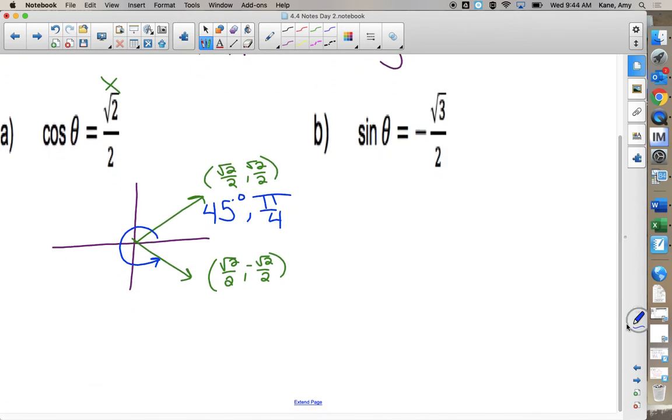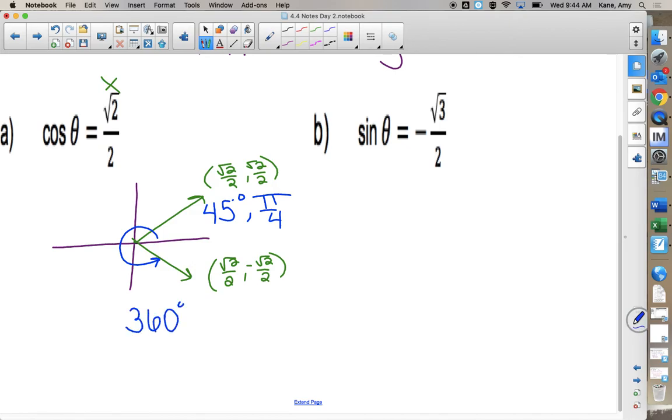So how would you get that angle in the fourth quadrant? If I know in the first quadrant it's positive 45 degrees, how would I find it in the fourth quadrant? Subtract that angle from 360. Perfect, yeah. So if I need it in the fourth quadrant, it has to be less than 360.